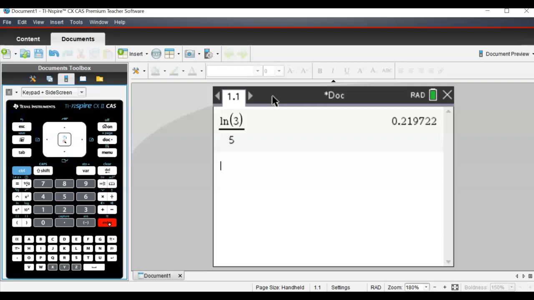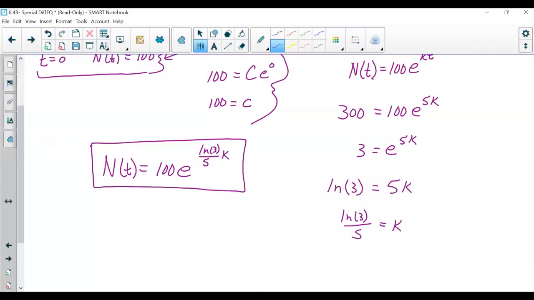Well, it's 0.220 if we round it to accuracy as for the AP test. So we would say this is also equal to 0.220. So another particular solution that would be okay would be 100 e to the 0.220 t.